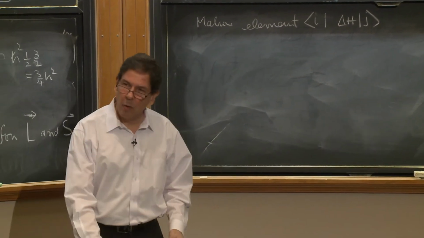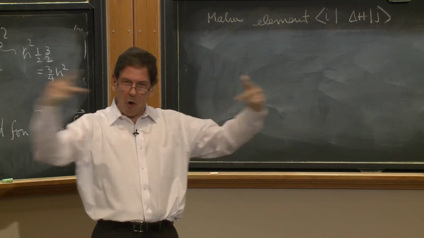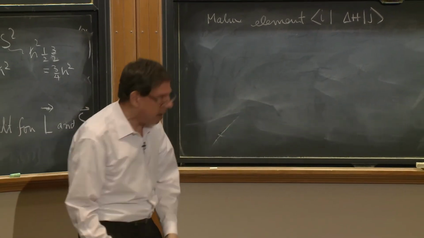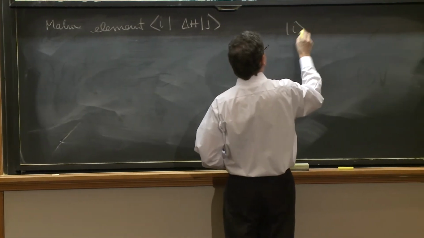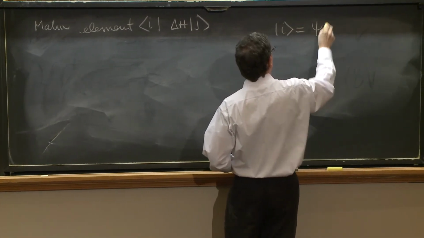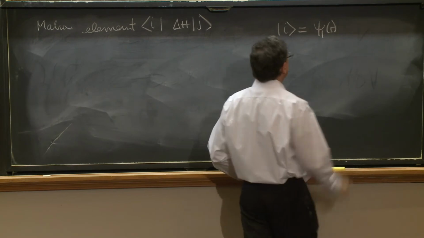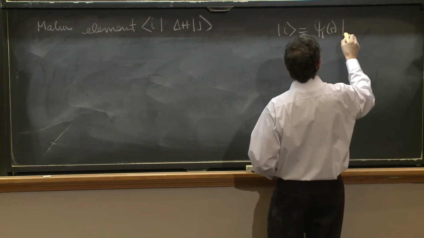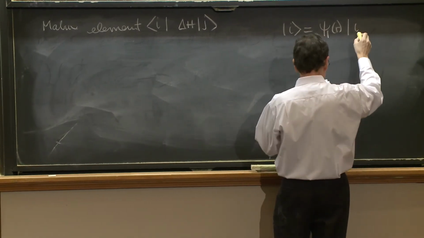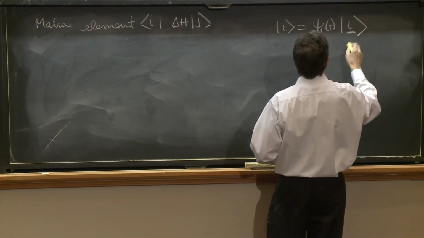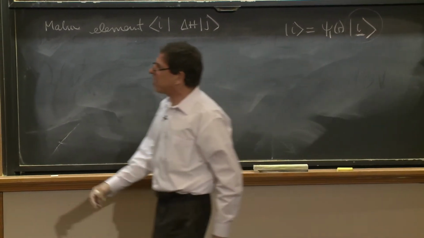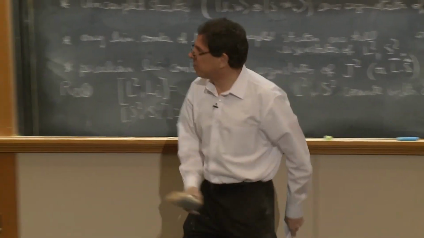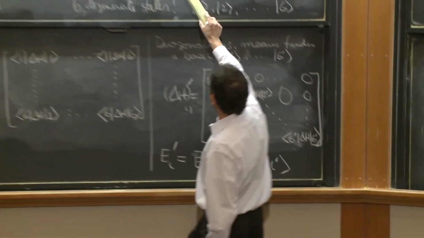Well, a matrix element means overlap of states. And what are our states? Well, a typical state i, for example, is this ψ(r) times some state, I will call it i underbar, that is going to be some combination of L and S parts.